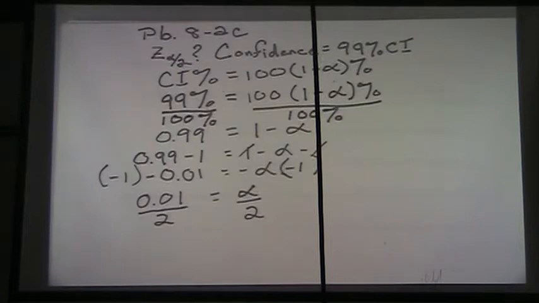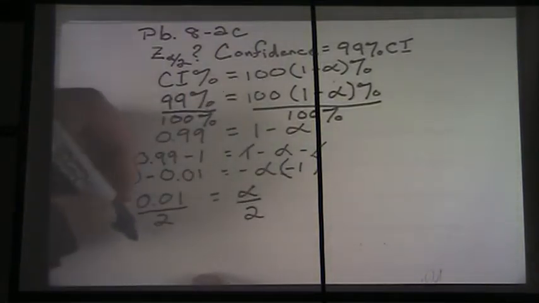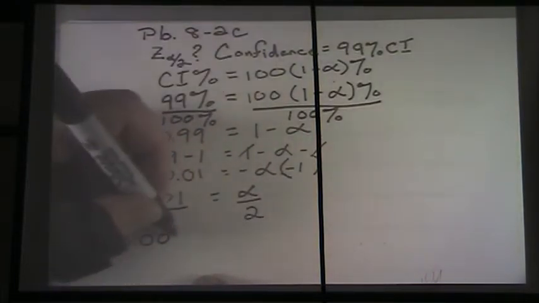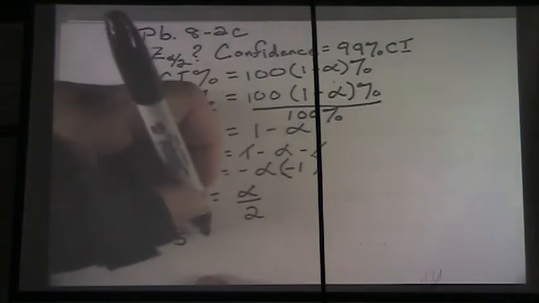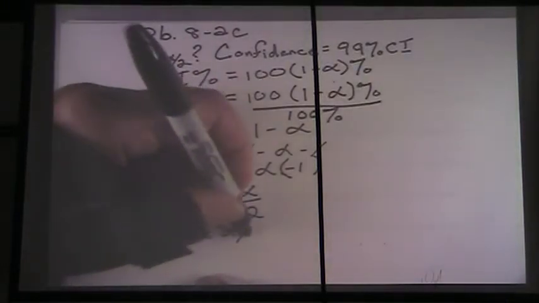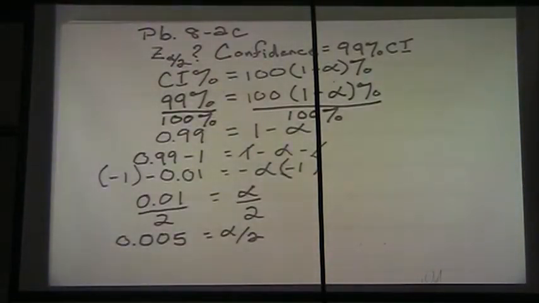Because we're looking for z of alpha divided by 2. That means that over here, I'm going to get 0.005 equals alpha divided by 2.